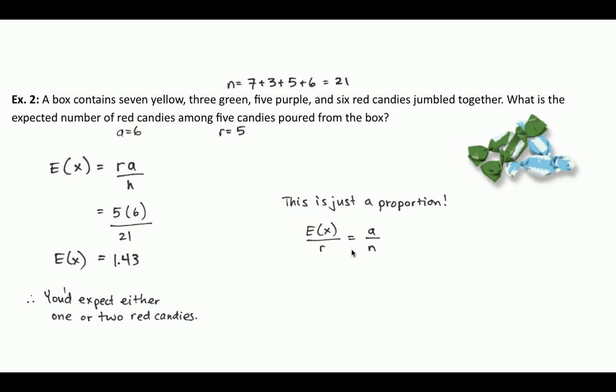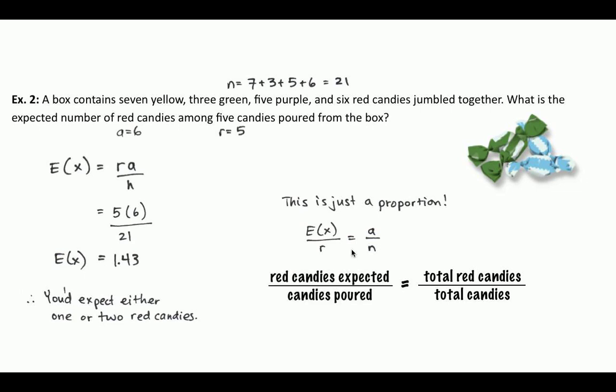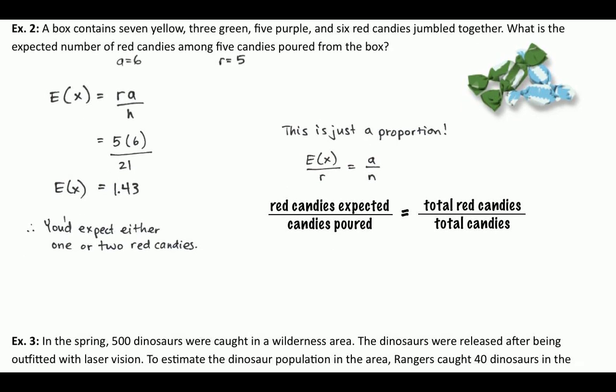They're going to tell you the expected value, and then you have to find A or N or R or some other value. But really, it's just a proportion. However many you have in the total, if you're taking a sample, it should be proportional to what's in your hand. Here's the proportion explicitly written out.